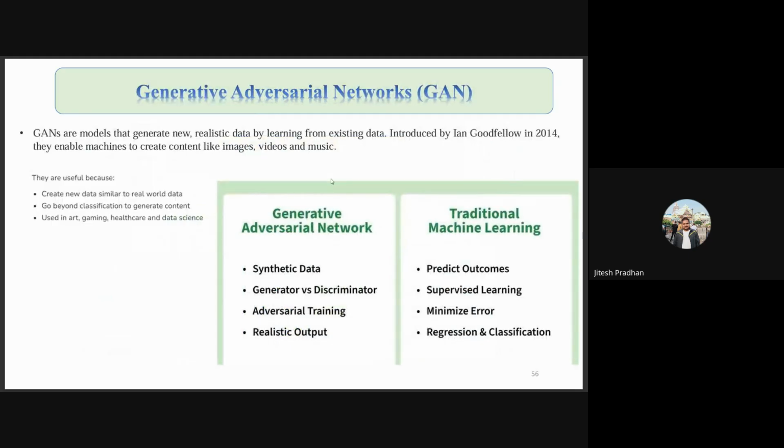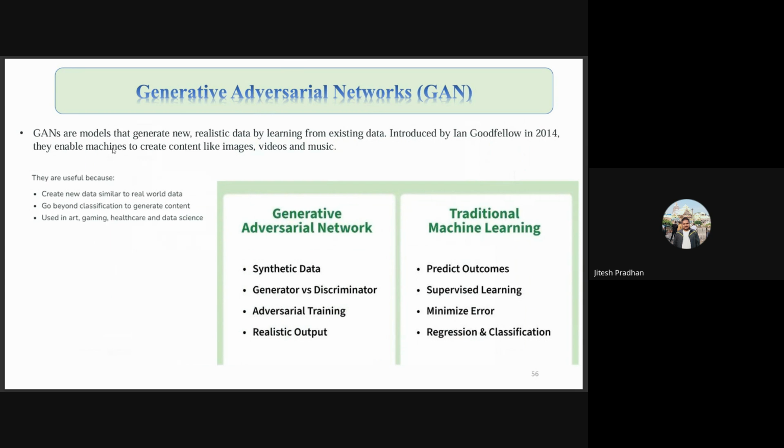Now let's start with the generative adversarial network first. So what is a generative adversarial network? GANs are models that generate new realistic data by learning from existing data.